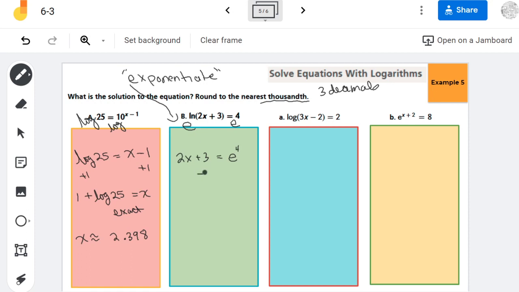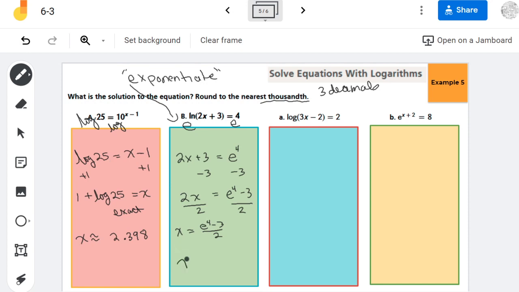So I'm subtracting 3, because that's our first step in getting x alone. And then 2 and x are multiplied, so I'm going to divide by 2 to get rid of it. If I was asked for the exact solution, this is the exact solution.